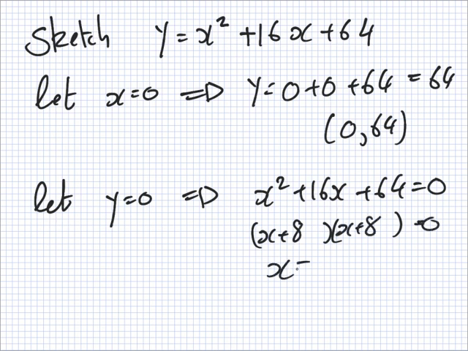So x equals minus 8. What method is this? Factorizing. Yeah. But I want to find both the x and y intercepts to make the graph. So I have x equals minus 8. So I have minus 8, 0.